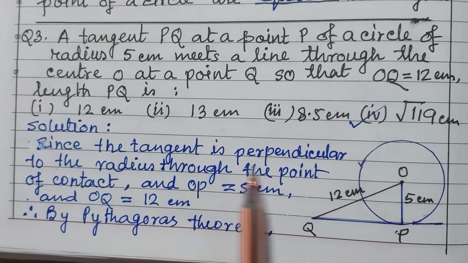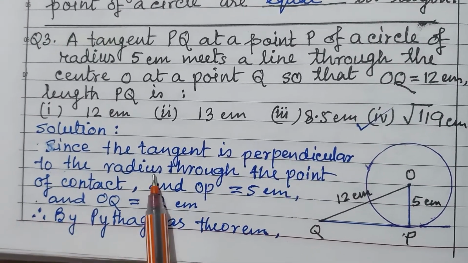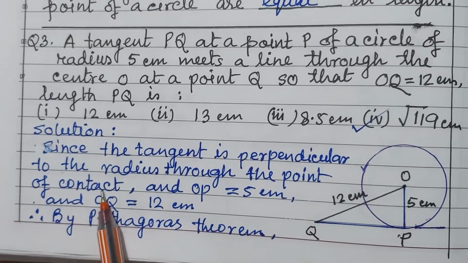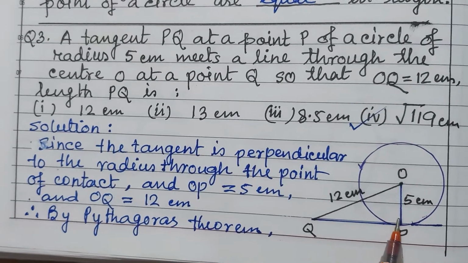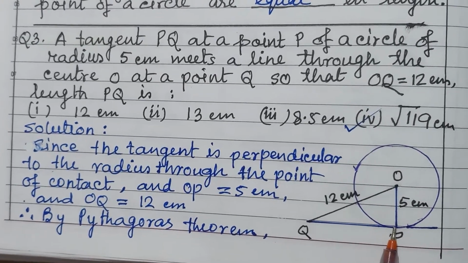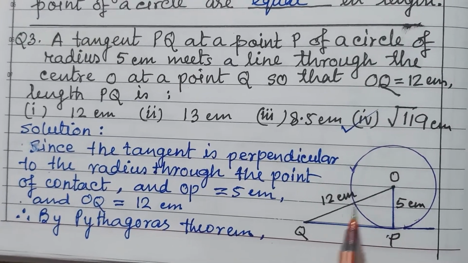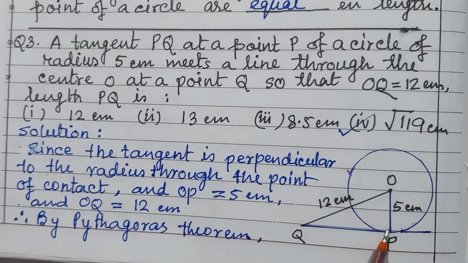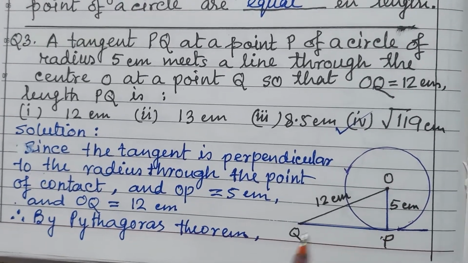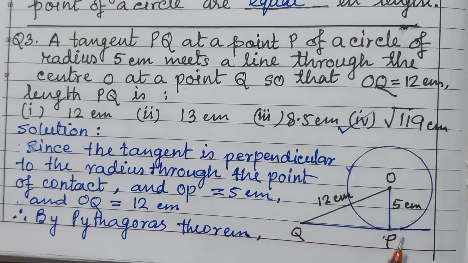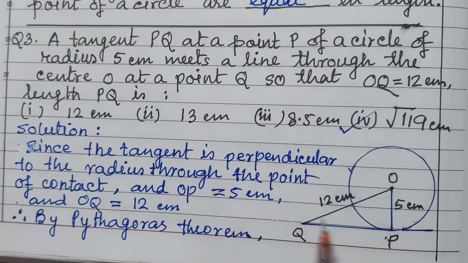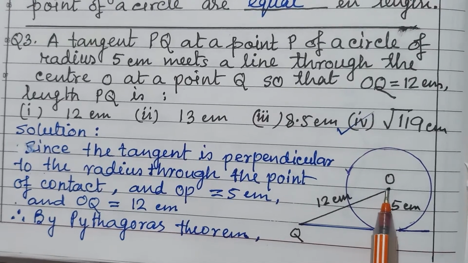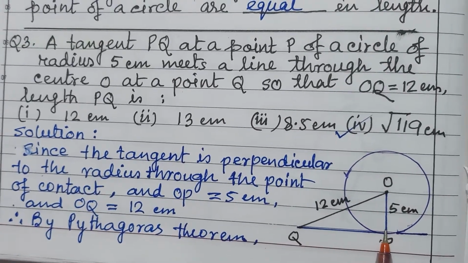Since the tangent is perpendicular to the radius through the point of contact, by Pythagoras it is a right angle triangle, with a 90 degree angle. By Pythagoras theorem, base square is equal to hypotenuse square minus perpendicular square.